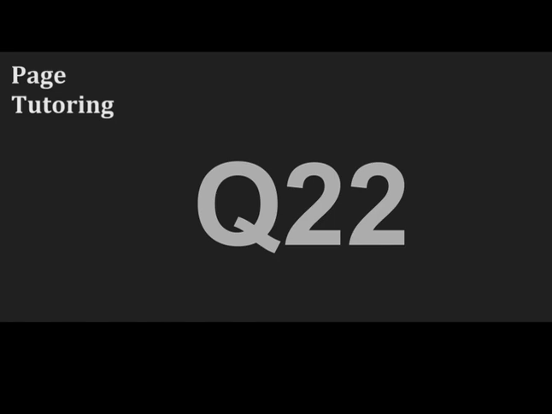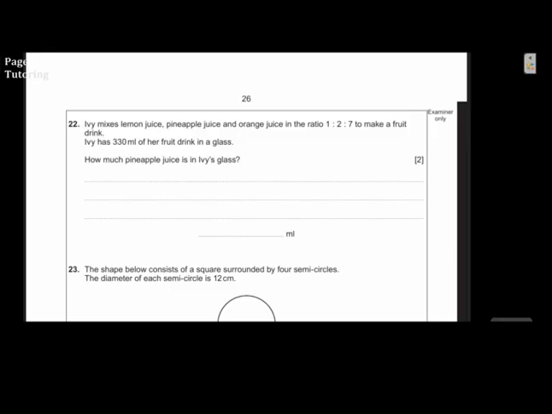Question 22. Ivy mixes lemon juice, pineapple juice, and orange juice in the ratio 1 to 2 to 7 to make a fruit drink. Sounds like a very bitter and tart fruit drink to me. But anyway, Ivy has 330 milliliters of her fruit drink in a glass. How much pineapple juice is in Ivy's glass?